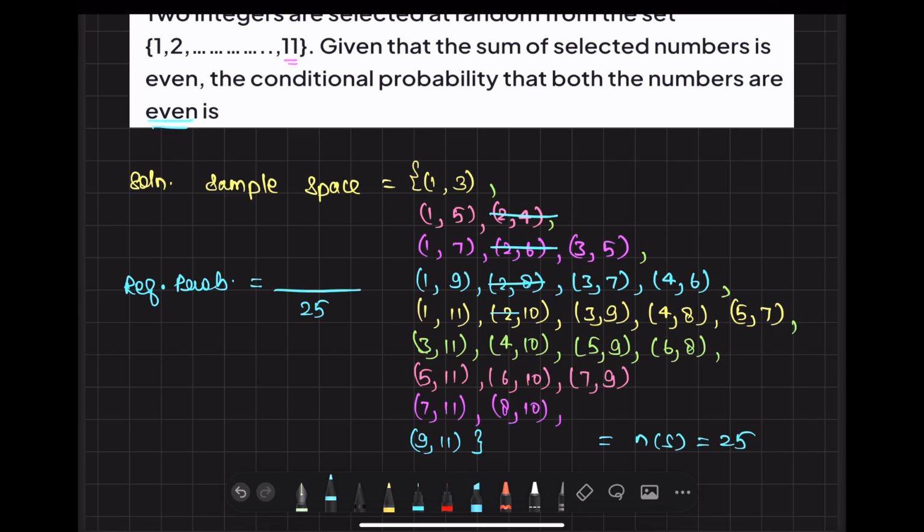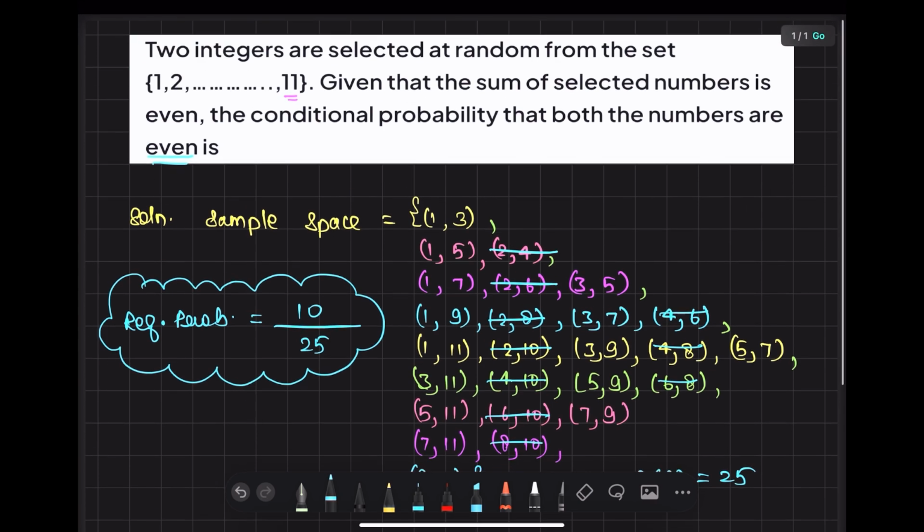This is selected, then this is selected, and the remaining pairs are odd. So we have 7 and 3, that is 10. So it is 10 by 25. Therefore the required probability is 10 by 25.